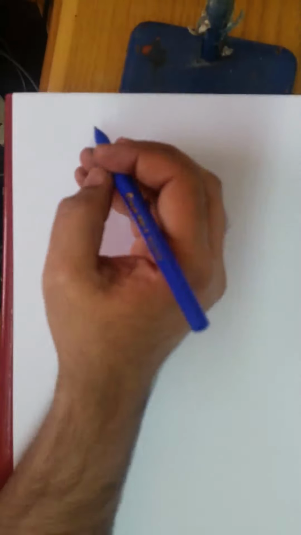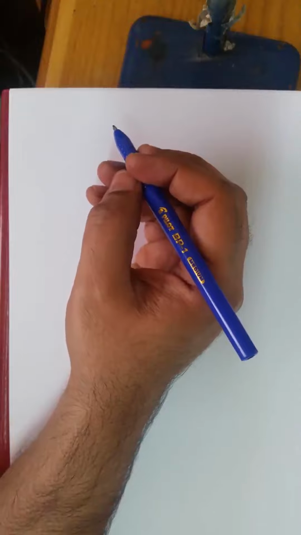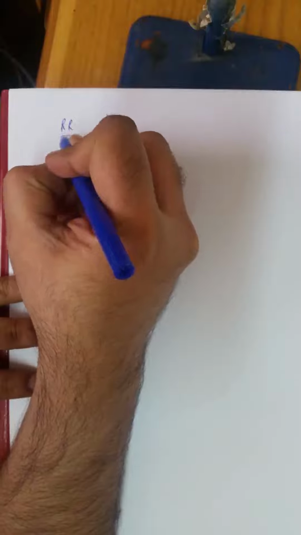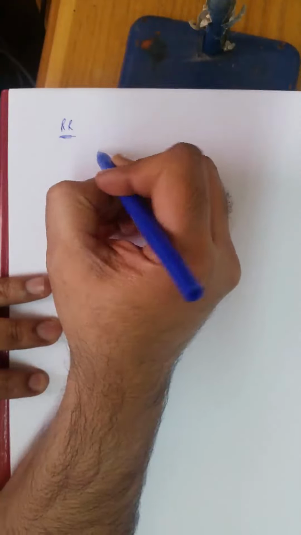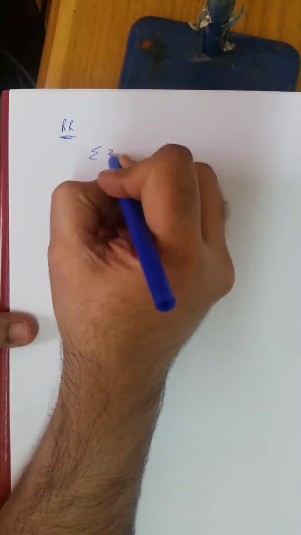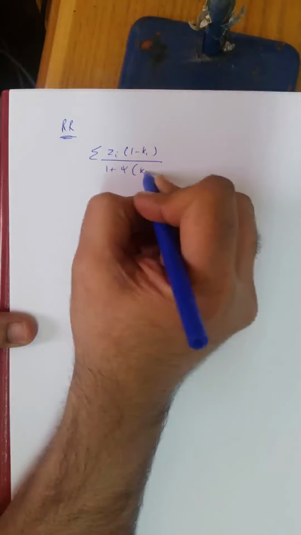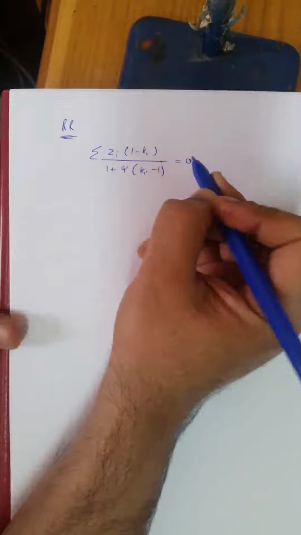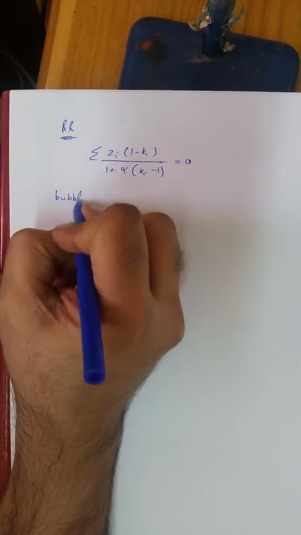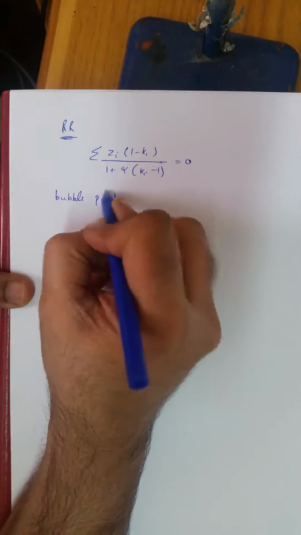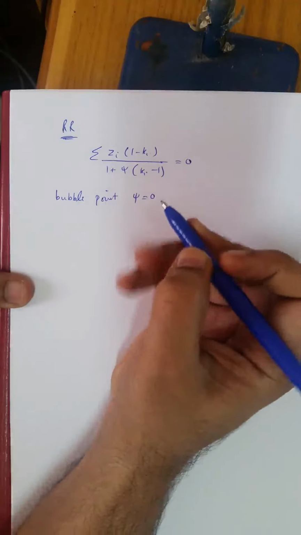You already know the Rachford-Rice equation, which is the summation of zi times (1 minus Ki) over (1 plus psi times (Ki minus 1)) equal to 0. When we have the bubble point, psi will be 0.